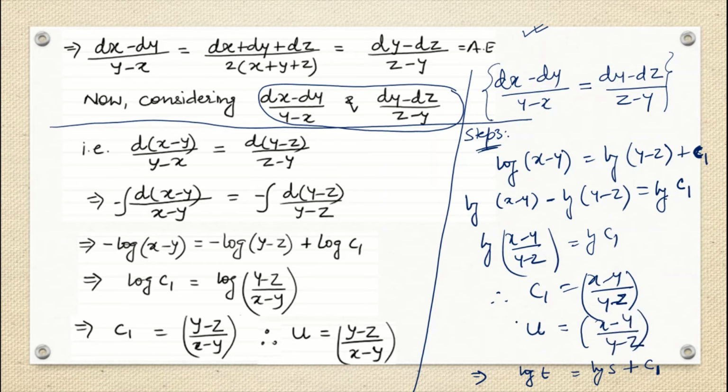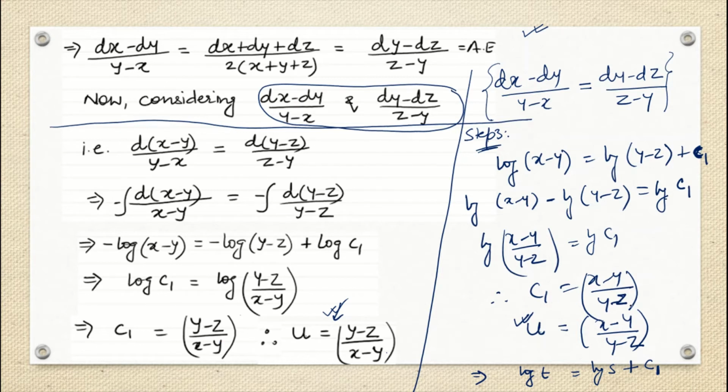We got my u, and here if we see, then we had got u as y minus z by x minus y. I say that this answer is also correct and this answer is also correct. The reason? Because I'm equating u with my arbitrary constant. So any value which I am going to get for y minus z by x minus y will be some arbitrary constant.